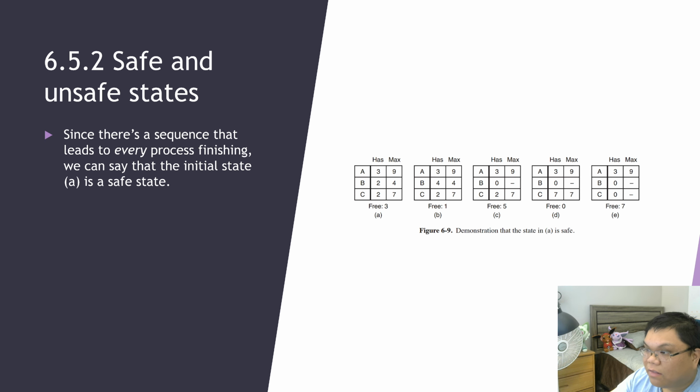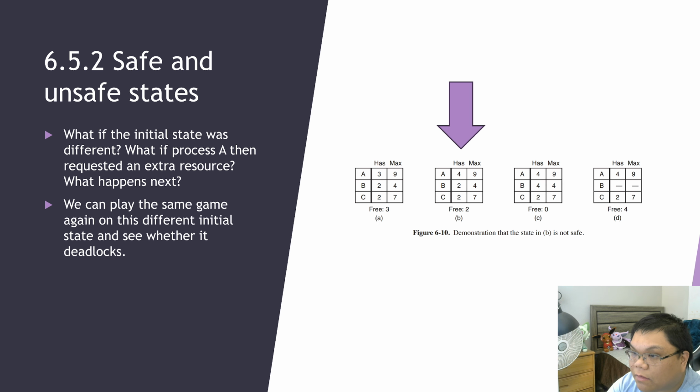Which means there is a sequence of steps in which every process terminates without deadlock. We found a sequence of steps in which, starting at state A here, we can fulfill each process's maximum request and still be able to have every process terminate without deadlock.